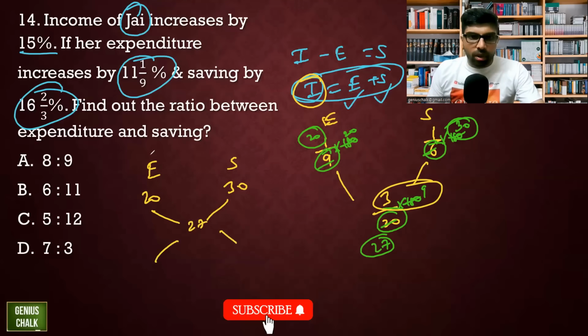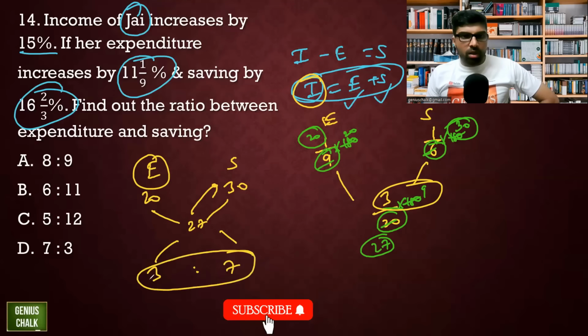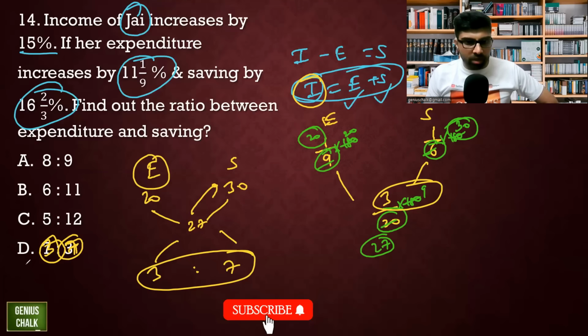What is the ratio of expenditure and saving? 30 minus 27 is 3, and 27 minus 20 is 7. So it is 3:7. Actually, this is written reversed, so please check and correct it. It has to be 3:7. So 3:7 is my right answer for this question.